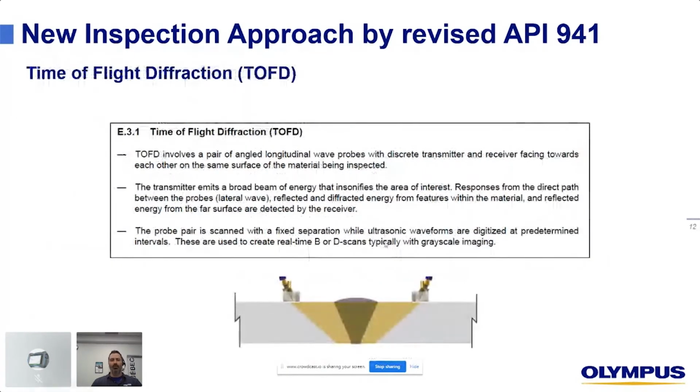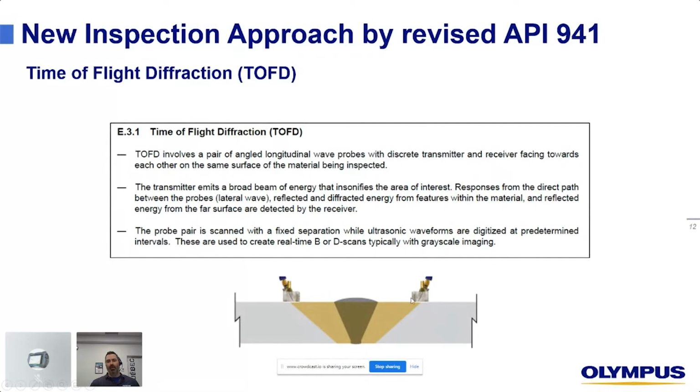Time of flight diffraction. What is time of flight diffraction? It's a pair of conventional UT transducers fixed with longitudinal wave wedges, shoes, facing each other and sitting on the same surface of the material.